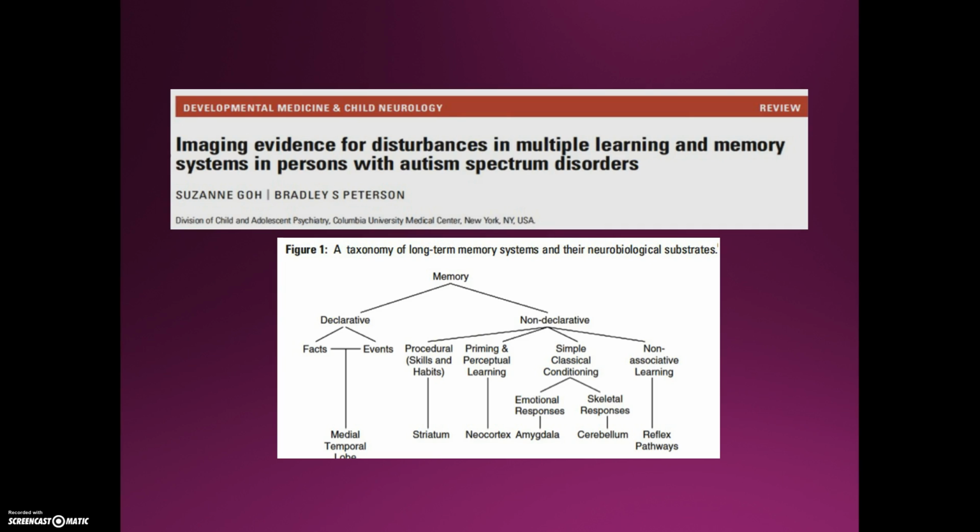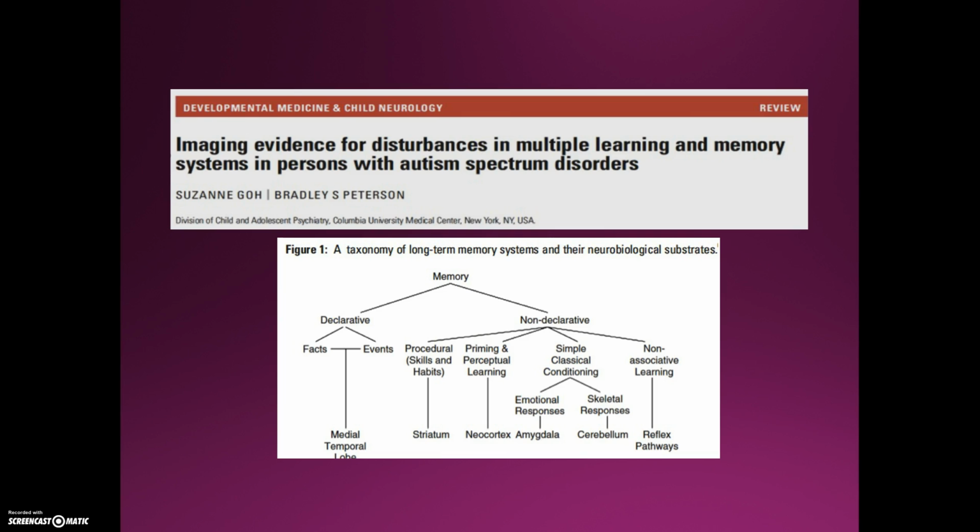This is a research study that we published in 2014. Bradley Peterson is a brain imaging researcher and was a colleague and mentor of mine at Columbia University. And together we reviewed all of the brain imaging studies of autism that have been published.